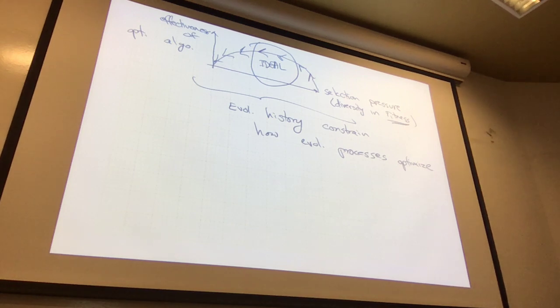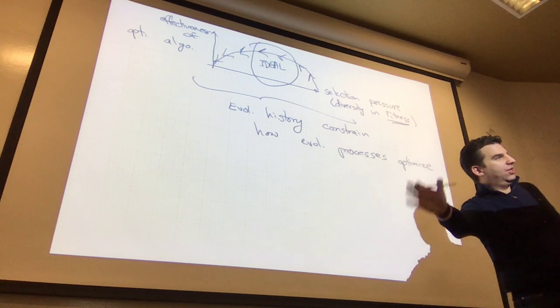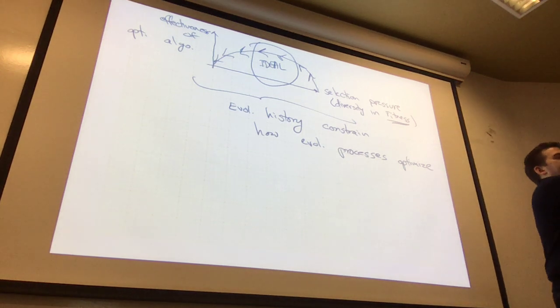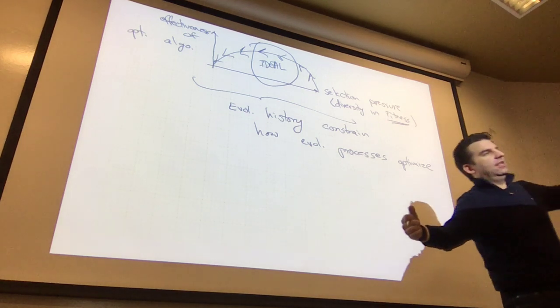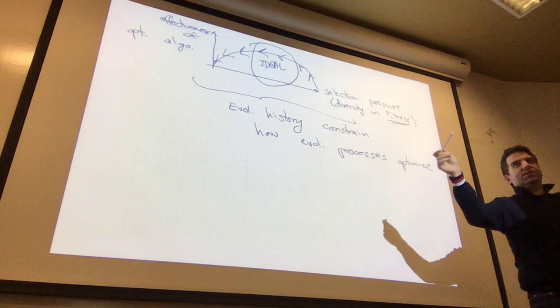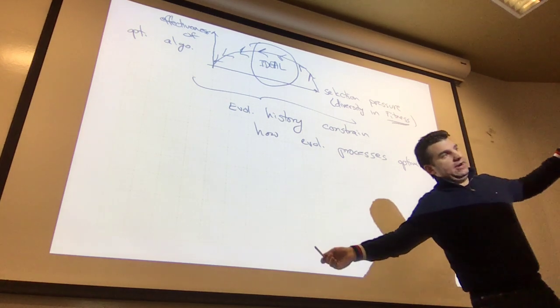There's a bunch of things you can do to maintain diversity. But they have the downside that if one of your solutions is really, really good, then it's never going to attract these other ones. And so now you're wasting time exploiting an area that's not as good as this other area. But you're doing that in the hopes that the extra searching you're doing might find an even better area somewhere else.